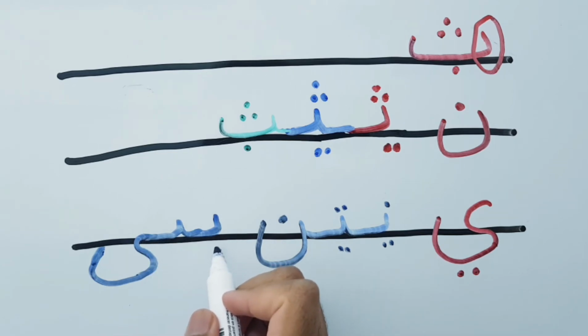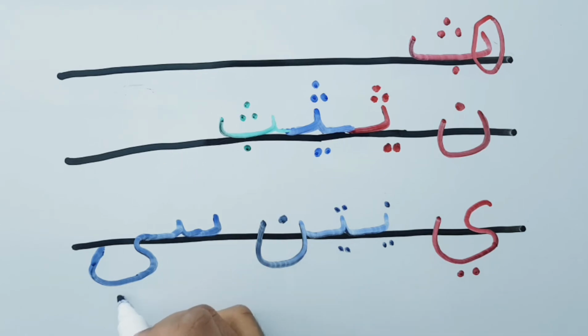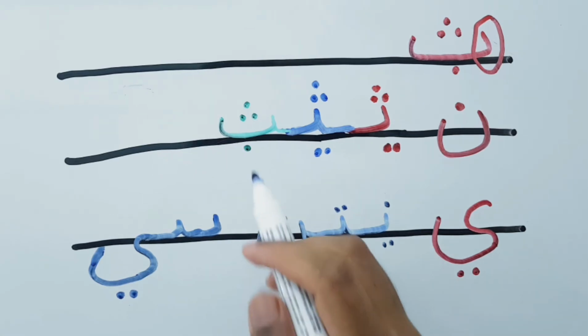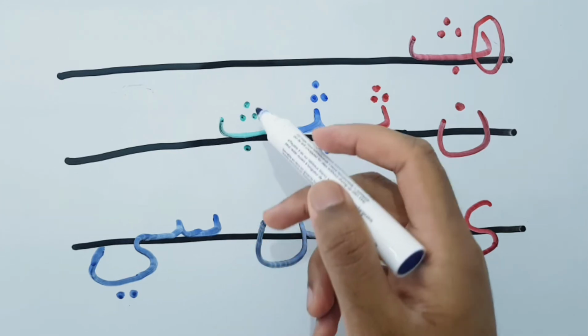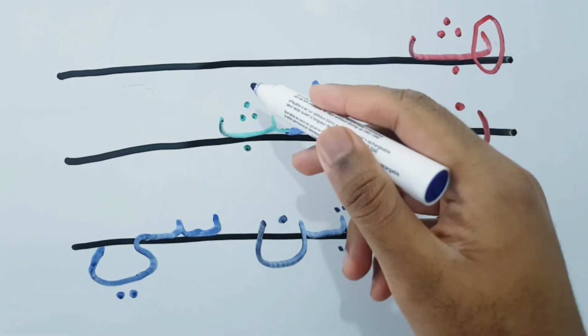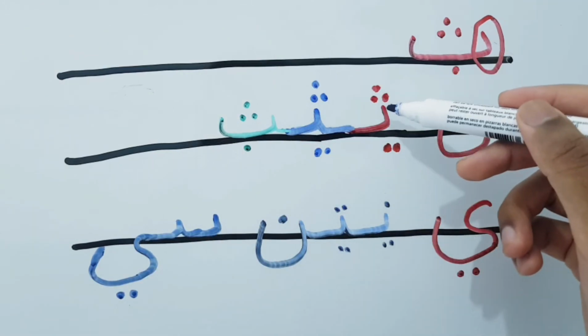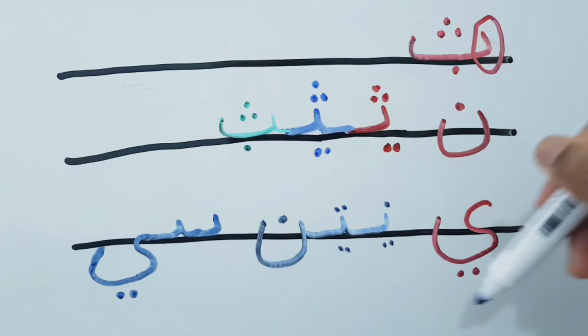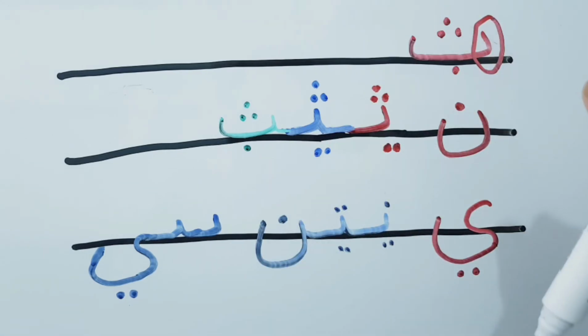So this could be ba, this could be ta, tha, this could be noon, this could be ya. And same for this. But this is only ya. Okay? This is ya in the end. This is noon in the end. This is ba, ta, and tha in the end. The difference is in the end. As for the middle and the beginning, huruf al-khamsa look exactly the same.